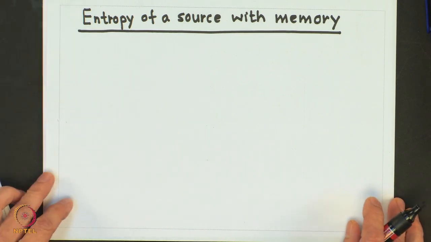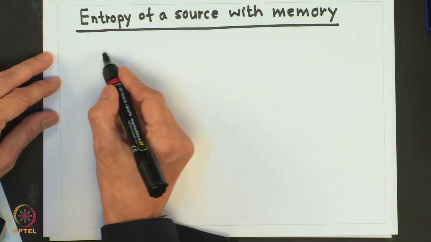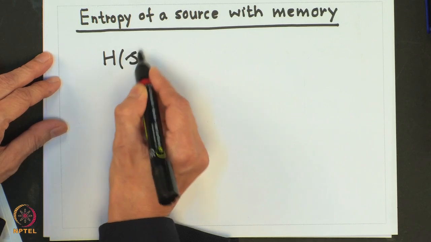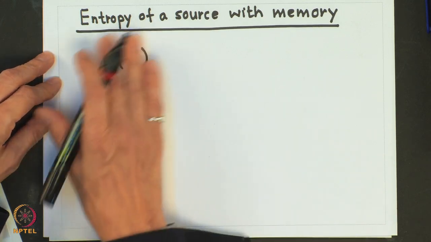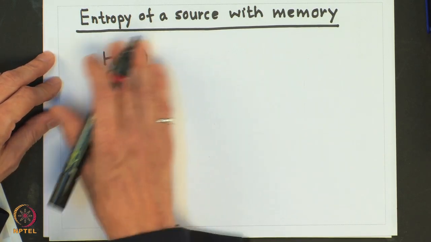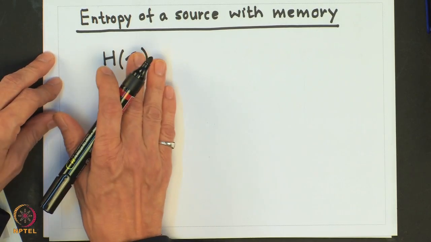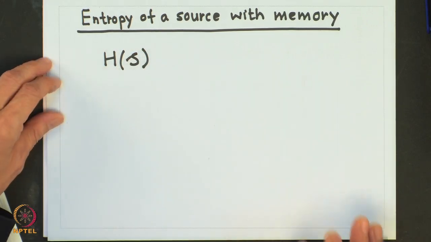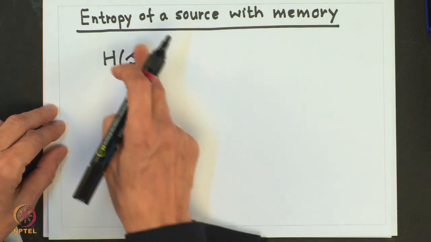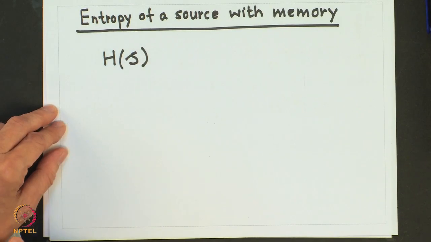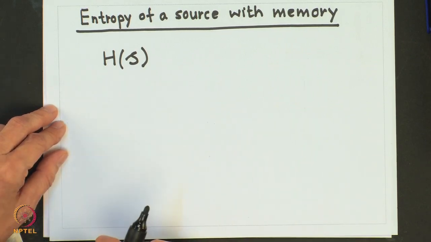We know that the entropy of a discrete memoryless source is the average information gained on the occurrence of a symbol from the source, and this entropy or average information is the same as the average amount of uncertainty we have before the occurrence of a symbol. So, it is intuitively satisfying to say that this average amount of uncertainty before the occurrence of the symbol will decrease with the number of past observed symbols.